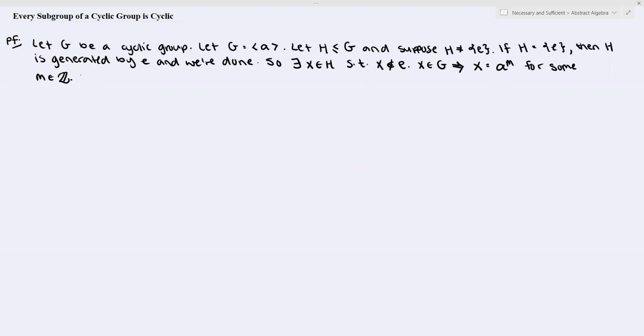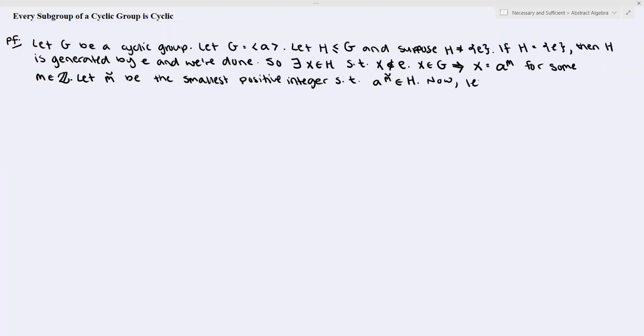Okay, great. Now remember, the positive integers, the natural numbers, are bounded below by 0. So what this means is that we're able to pick a least element. So let M tilde be the smallest positive integer such that A to the M tilde is an element of H. Great.